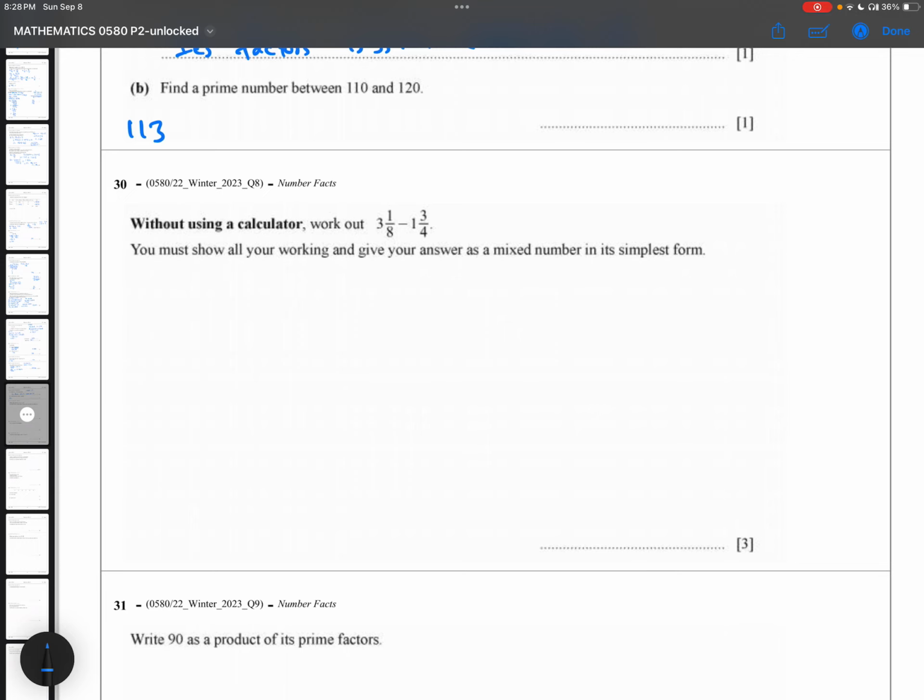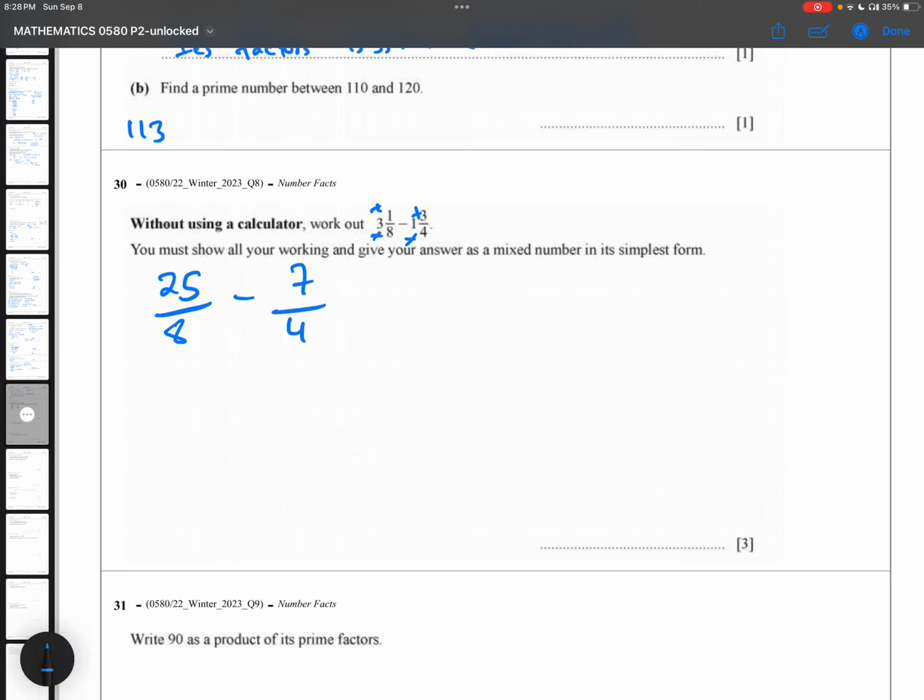So first, we will convert these mixed fractions into improper ones. 8 multiplied by 3 is 24 plus 1, 25 upon 8, minus 4 into 1 is 4 plus 3, 7 upon 4. Now whenever you add or subtract fractions, you need to see whether the denominators are the same or not. If not, we take out the LCM.